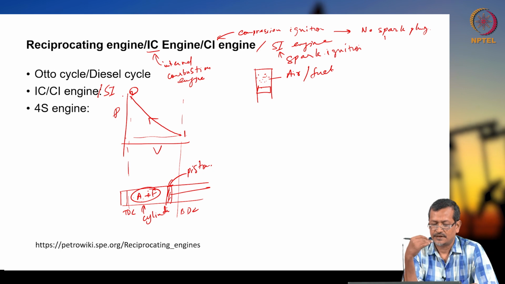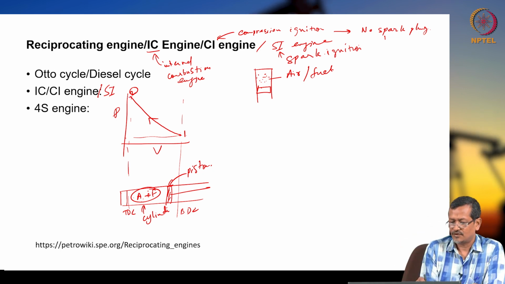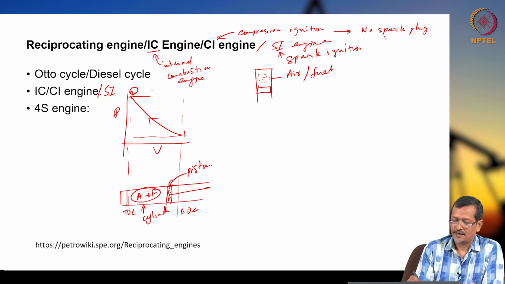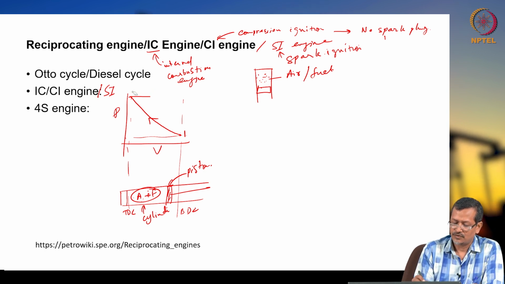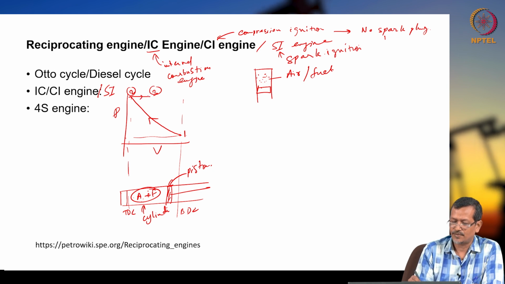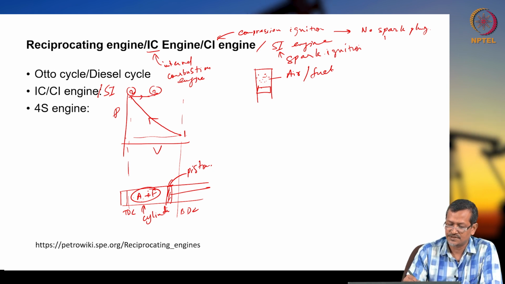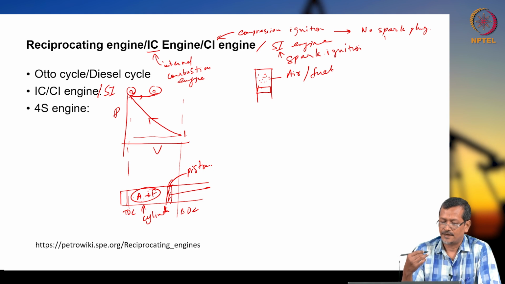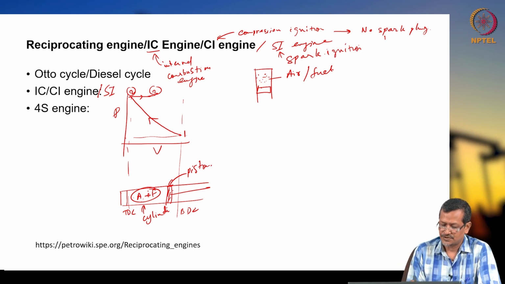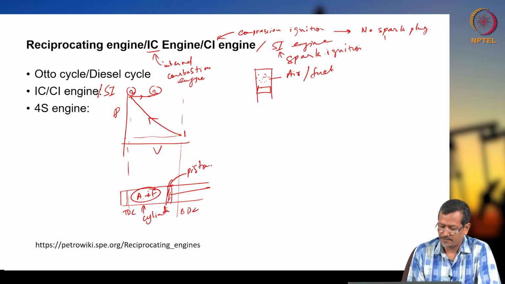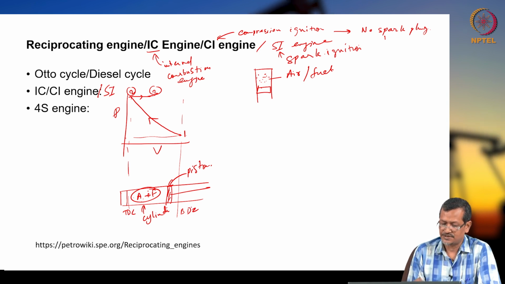Combustion means after compression, a very high temperature will be created, then your burning will happen, and you go from 2 to 3. This is the combustion process or heat addition process. Once heat addition is done, the piston will be moving from BDC. So 1 to 2 means the piston is moving from BDC to TDC.